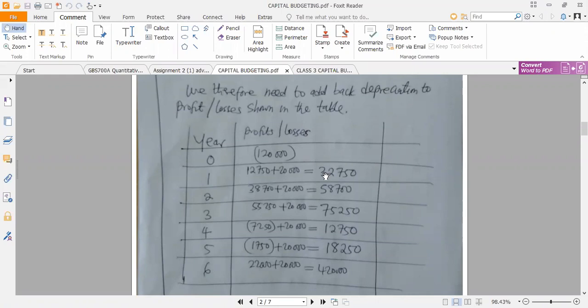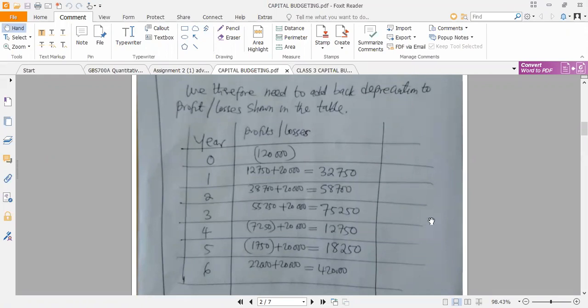We invested 120,000. Then year one, we recovered only 32,750. So we start adding. The first year, we have recovered 32,750.